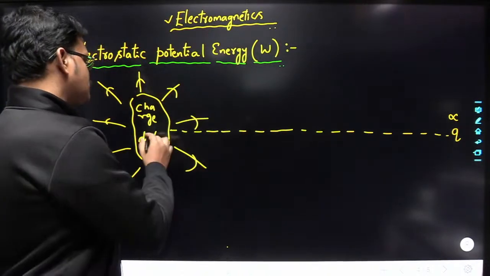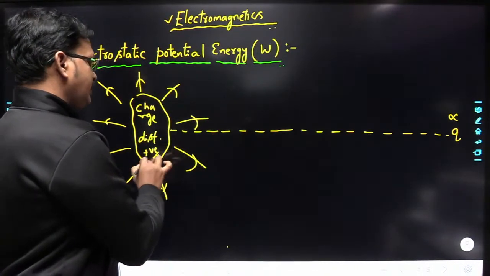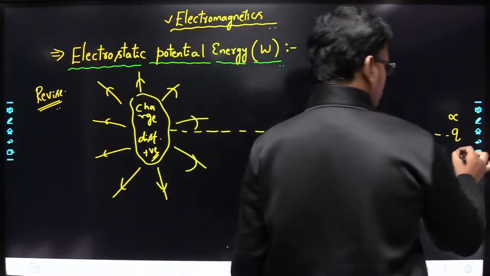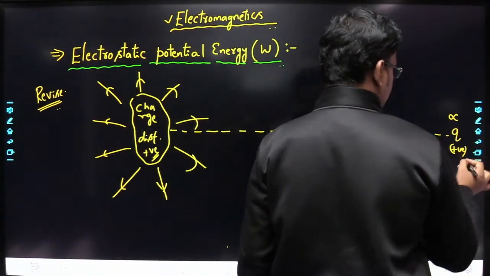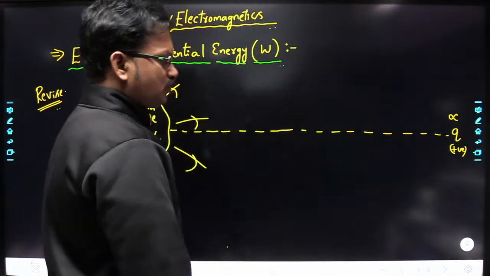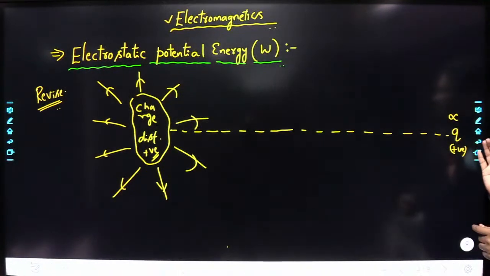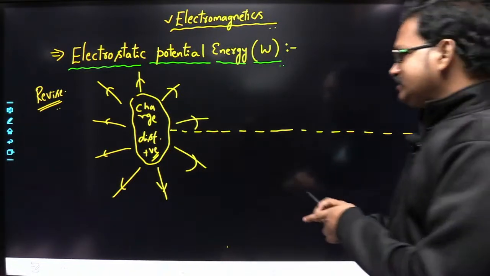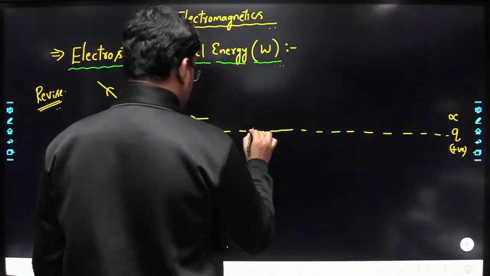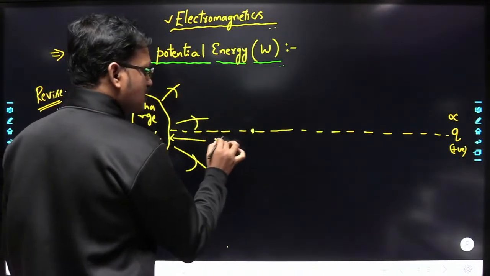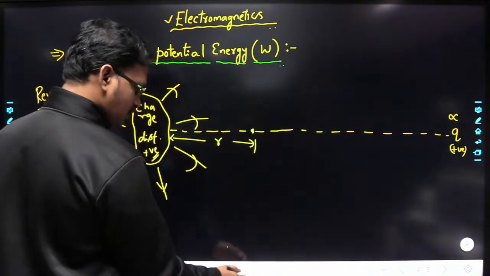Let us assume this charge distribution is positive, then this charge q is also positive. So I am trying to bring this charge from infinity to this distance r. Let us say the distance from here to here is r.